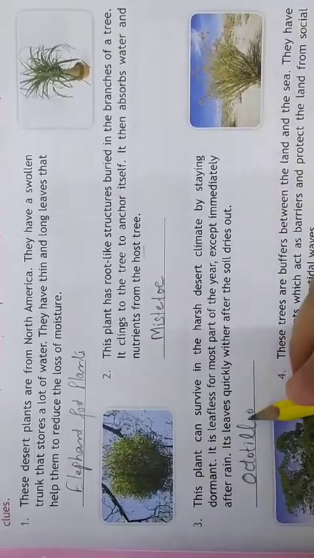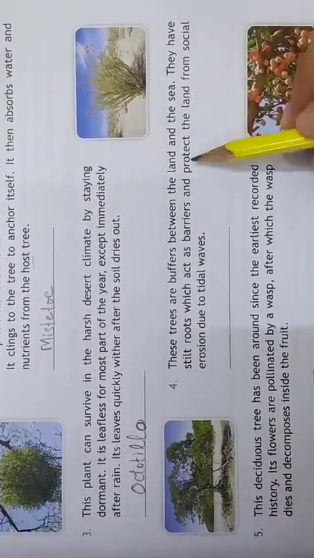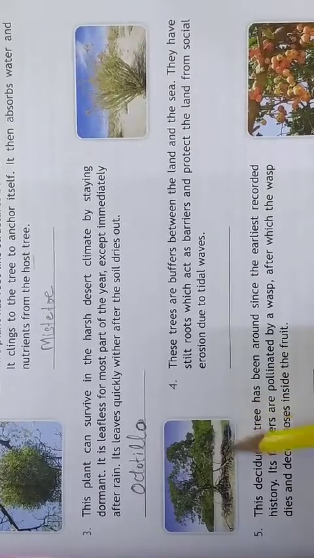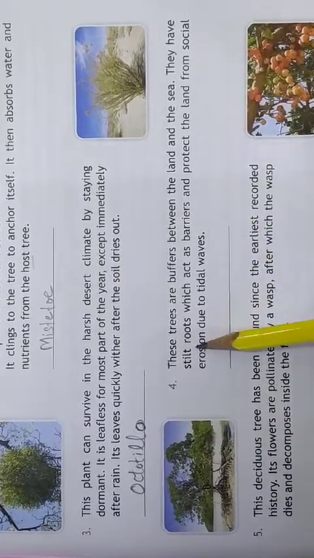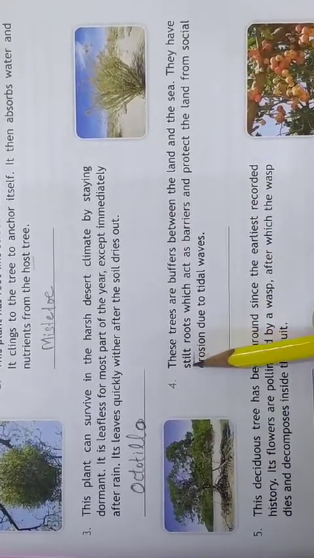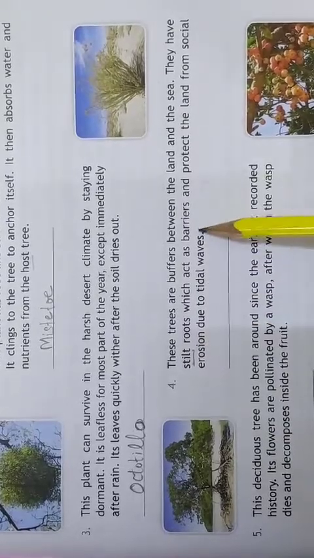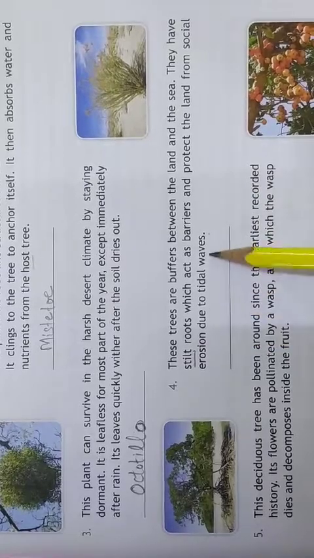The next is: these trees are buffers between the land and sea. Buffers between the land and sea means they always grow on marshy areas near the sea water. They have stilt roots. These are a special type of roots, prop roots, stilt roots, which act as barriers and protect the land from soil erosion due to tidal waves.